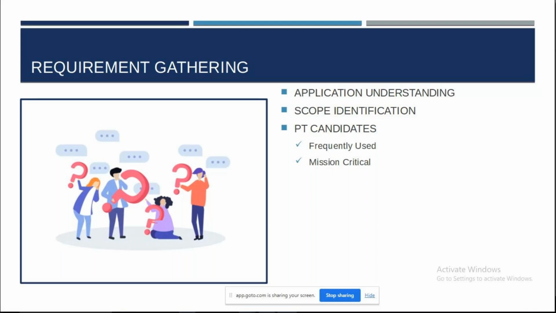The more you engage with the stakeholders, the more it provides you that platform to build the relationship. Understood? So this is how you can do the scope identification.